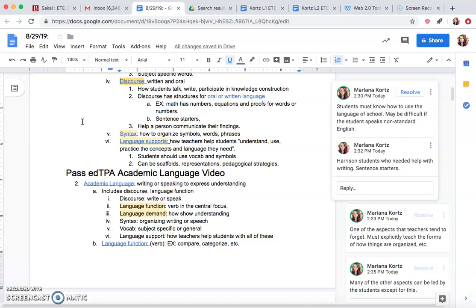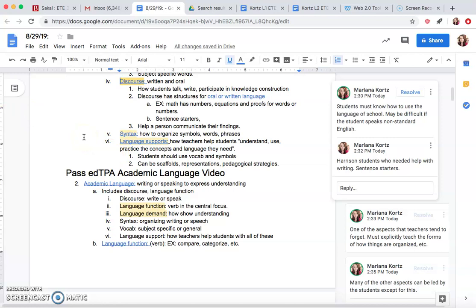For example, one day we were completing a Venn diagram, and I asked them to compare their lives to the lives of the pioneers. During our lesson, the students were able to fill out the Venn diagram, but were unable to figure out how to take that knowledge and use it to create comparison statements. And so throughout my semester, I learned how to help students in that area by providing sentence starters.